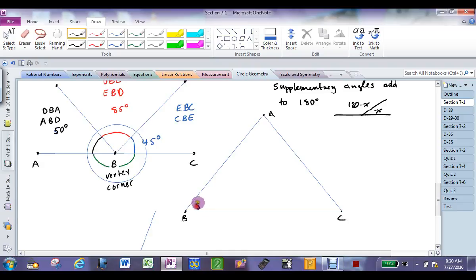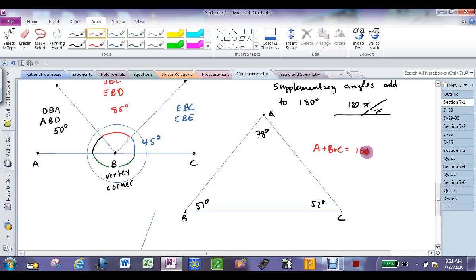I have 51 degrees. 52 degrees. And 78 degrees. When I add them up, A plus B plus C, what do I get?